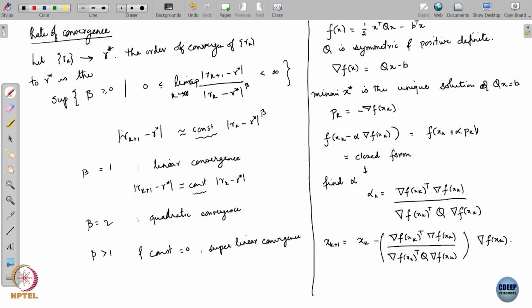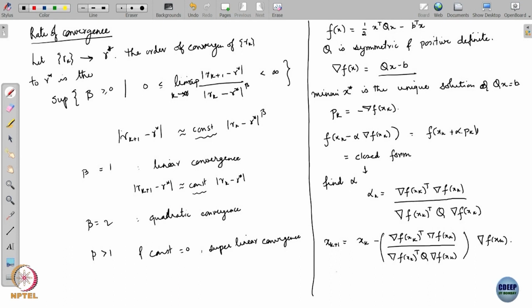You can now substitute the expression where the gradient is equal to Qx minus b, and you can get this in a much more explicit form, where x_{k+1} can be written in terms of x_k.